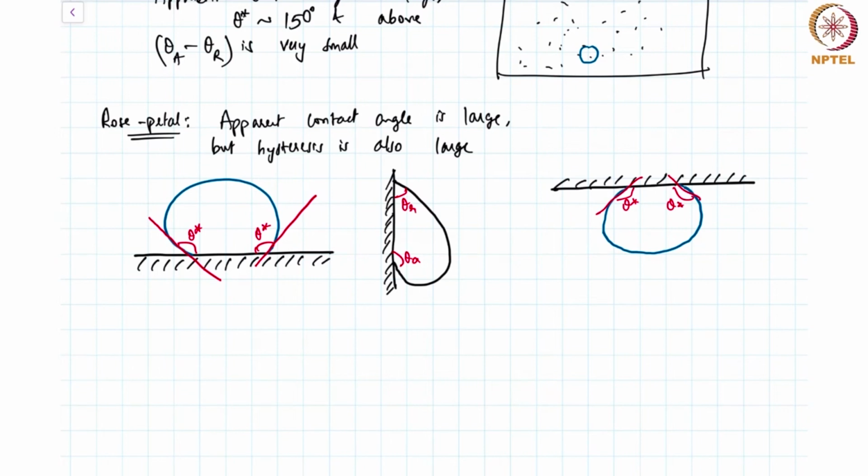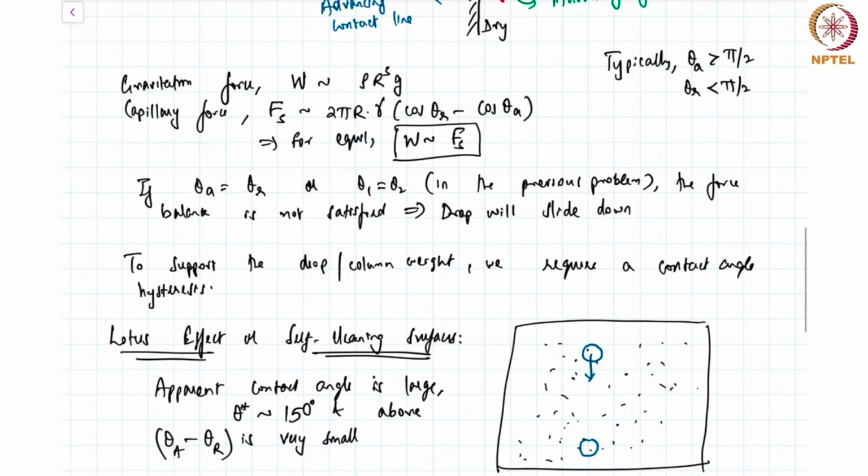And when that happens, the droplets become too sticky to the surface. So this force here that we have written down, this Fs, or the capillary force, is almost like an adhesive force. It is what is actually holding the droplet onto the surface. And if this force were to weaken, which means that the angles were to become comparable to each other, then the droplet will slide down.